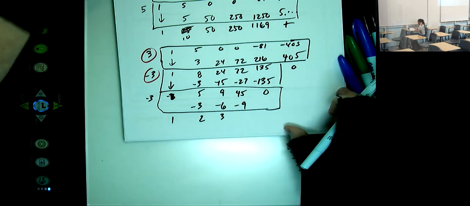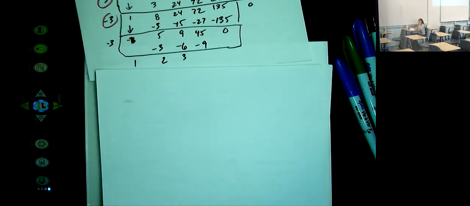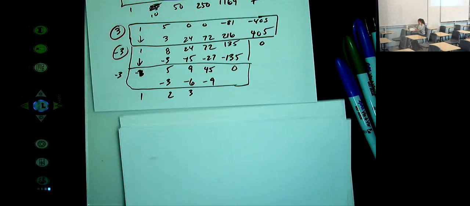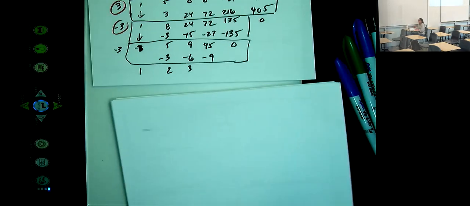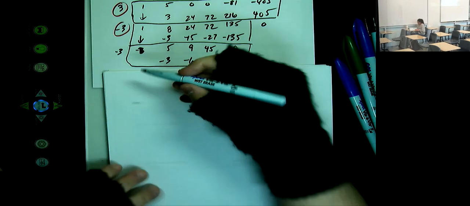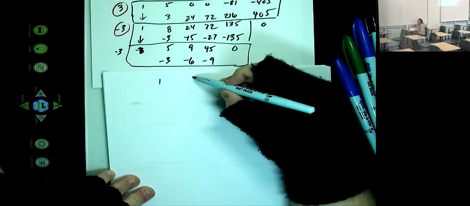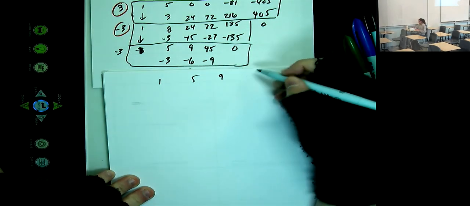All right. So we've got a 3, a negative 3, and a 5. My top row right now is 1, 5, 9, and 45.